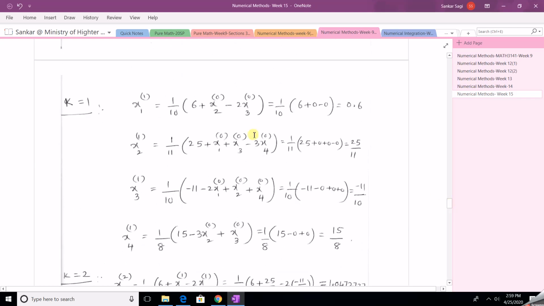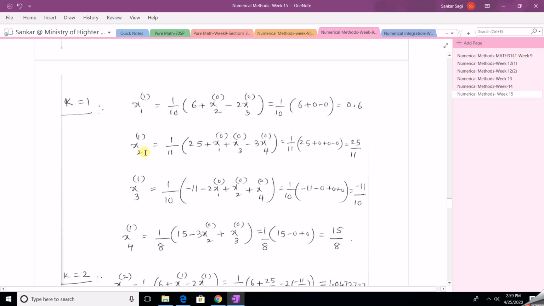We will use those values. x2 0 is 0, x3 0 is 0. So we are left with 1 by 10 times 6 plus 0 minus 0. Only 6 is left. If we simplify, we will be getting 0.6.